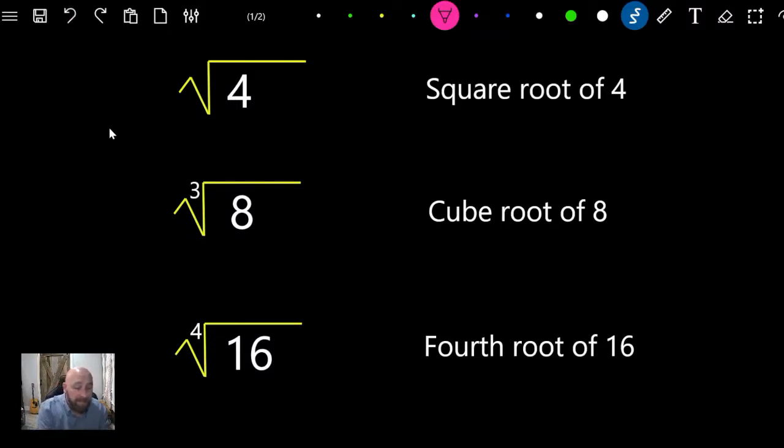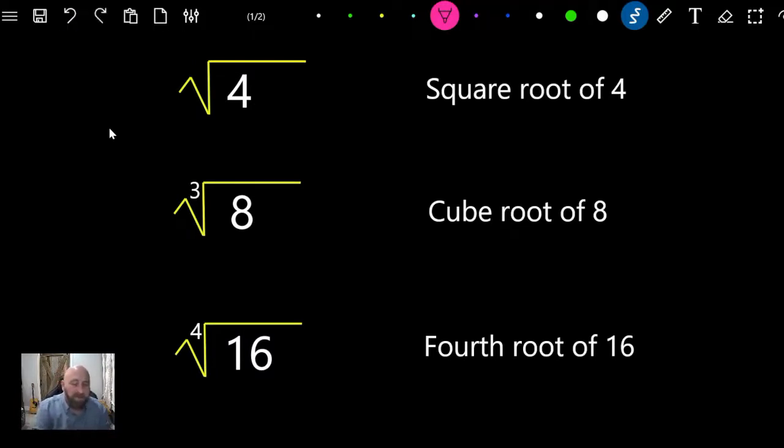In this case, the understood index is 2. But we don't need to write the 2 because everybody knows if there's nothing there, we're talking about a square root. There really is no first root because the first root of a number is just the number itself. So you wouldn't have the first root of 4. The first root of 4 is just 4.